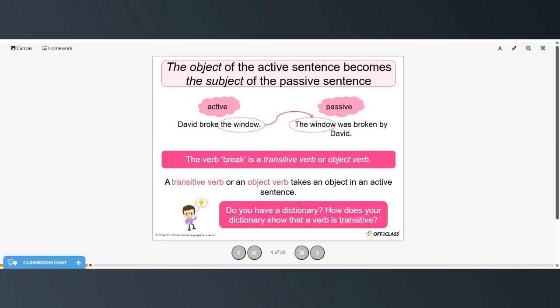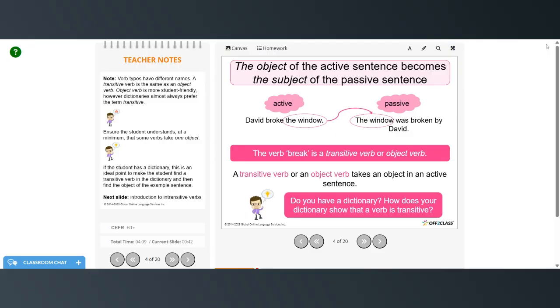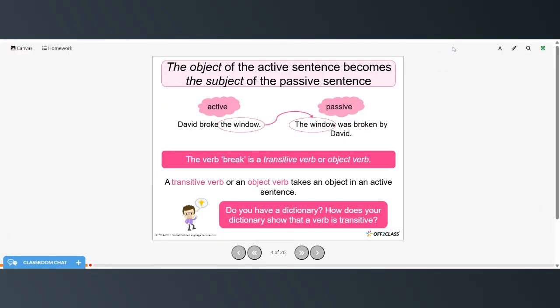So a transitive verb or an object verb takes an object in an active sentence. And if you have a dictionary, you can look to see how the dictionary shows that a verb is transitive. There will usually be some kind of notation to show whether it's transitive or intransitive.